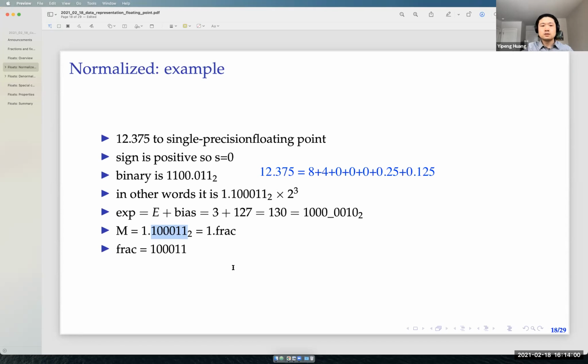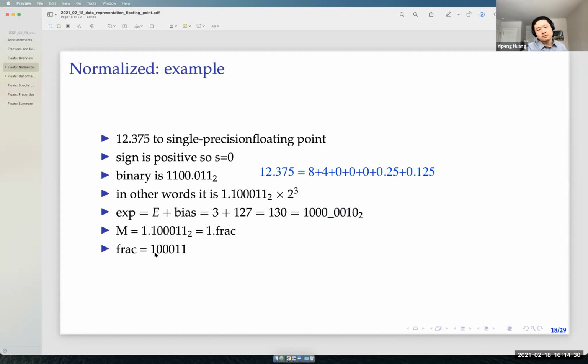Okay, so to sum it all up, in the normalized encoding, 12.375 would have a single 0 in the S bit location. We would record these 8 bits, 10000010, in the EXP field.